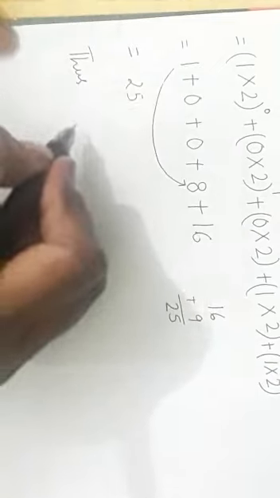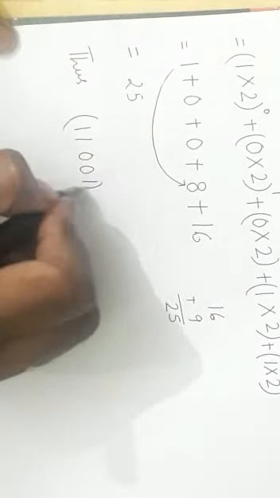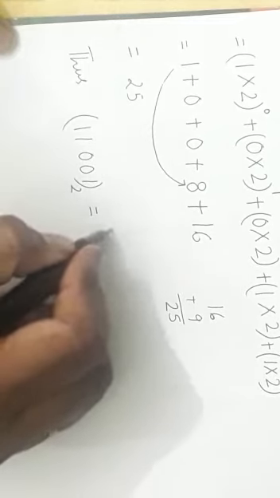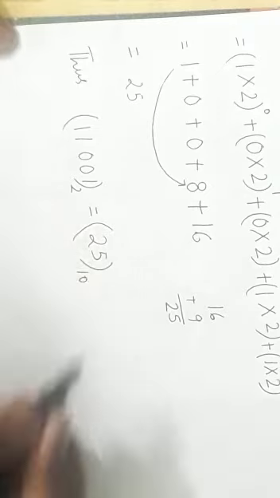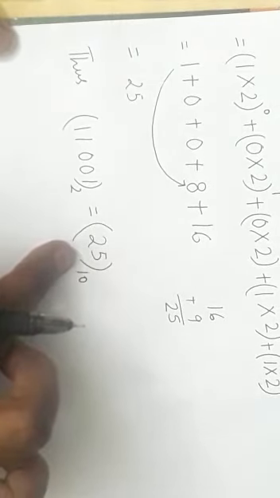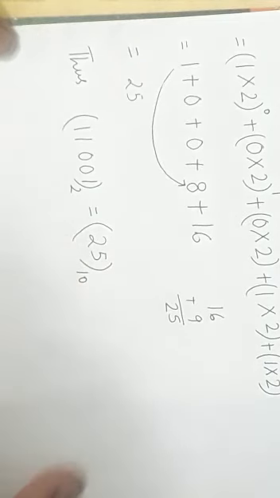Thus, 11001 binary number is equal to 25 decimal number. So this is equivalent to 25 decimal number.